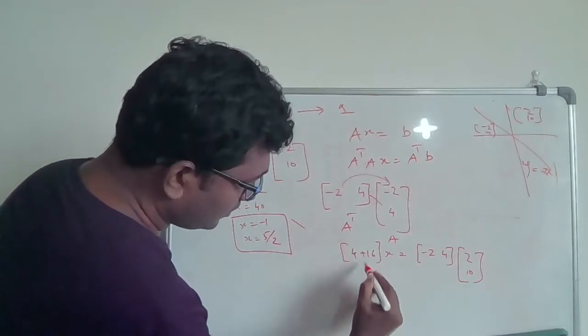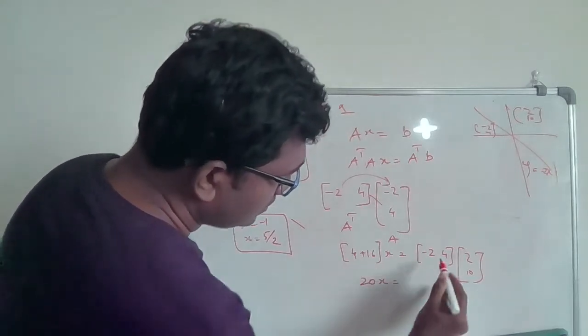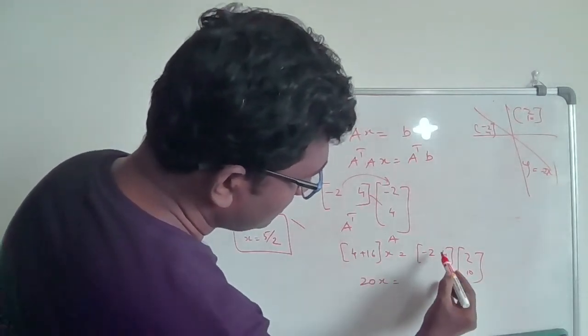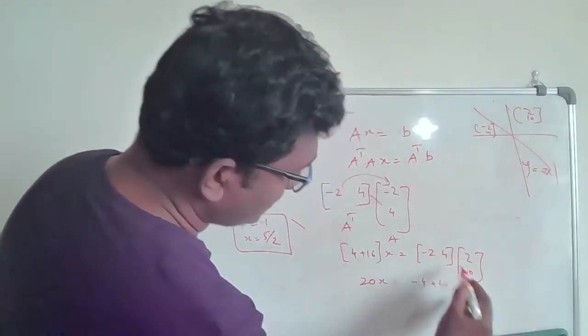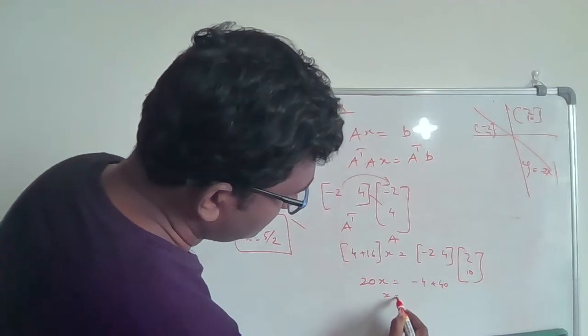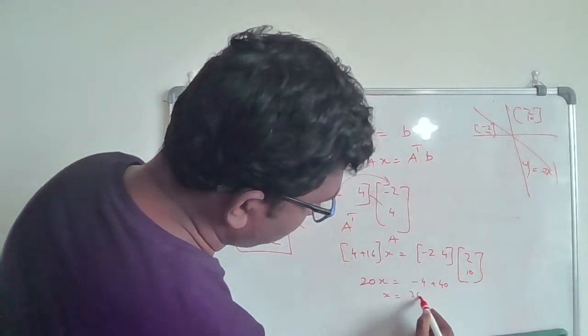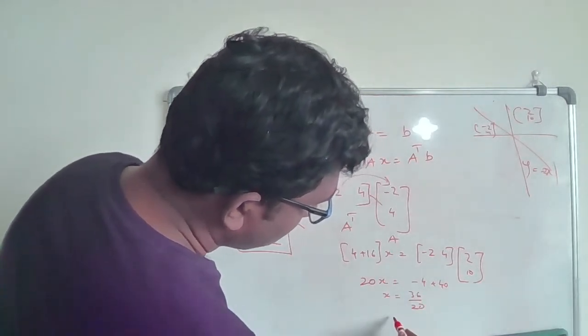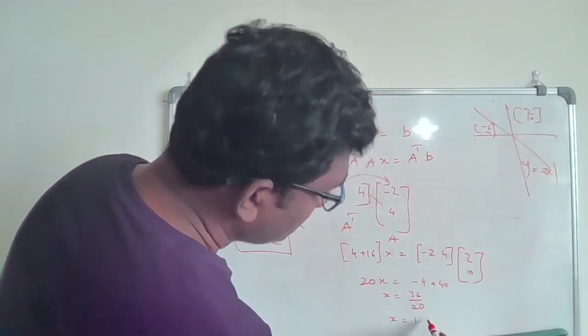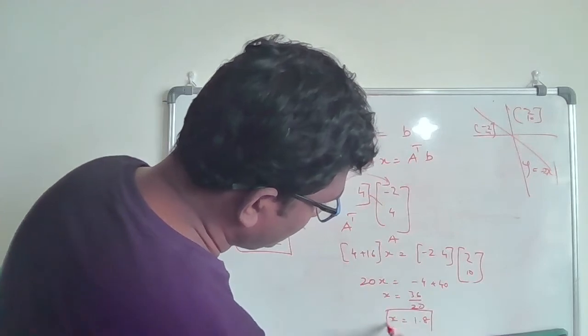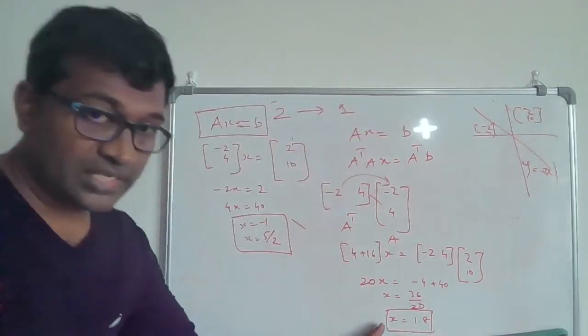So 20x is equal to minus 4 plus 40. Okay, so x is equal to 36 by 20. So x is equal to 1.8. If you see here, we find x is equal to 1.8.